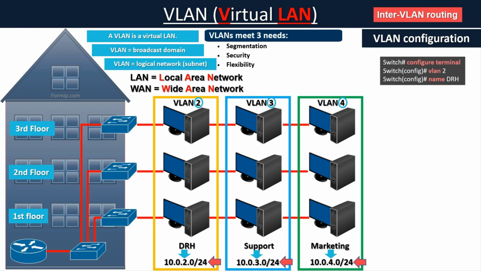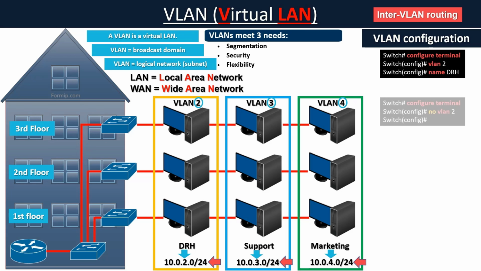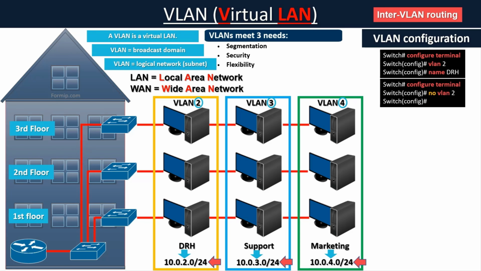The vlan command in global configuration mode allows you to create a VLAN and go into its configuration mode. In the example, we create VLAN 2, which we call DRH. If you want to remove a VLAN, just put a no in front of the vlan command and its number.